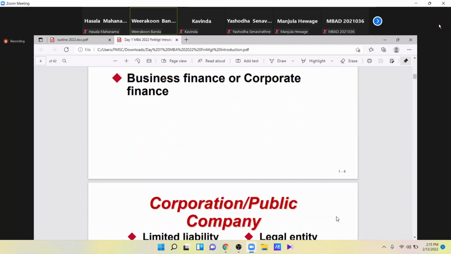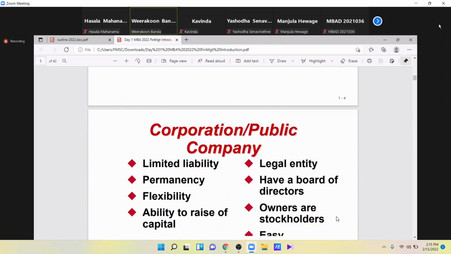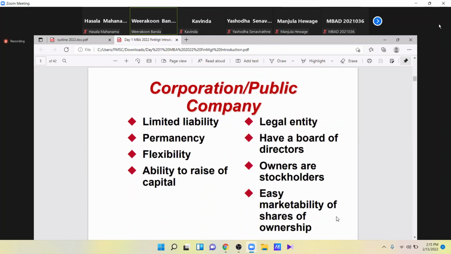So the next one, more important. We have learned different kinds of business organizations. One is sole proprietorships, the other is partnerships, and the third is private companies or public companies.